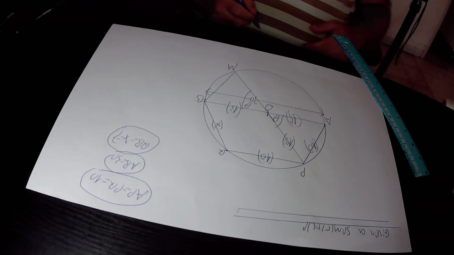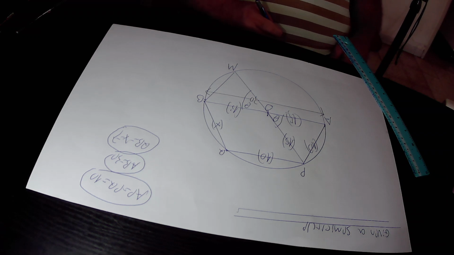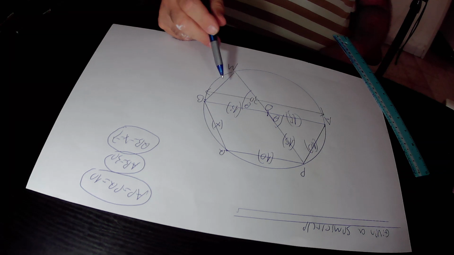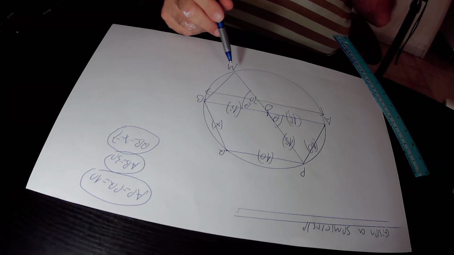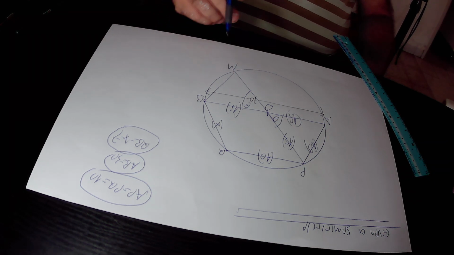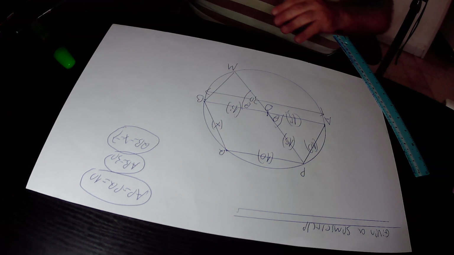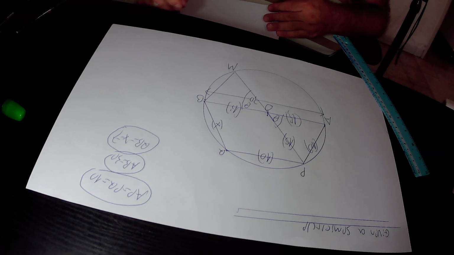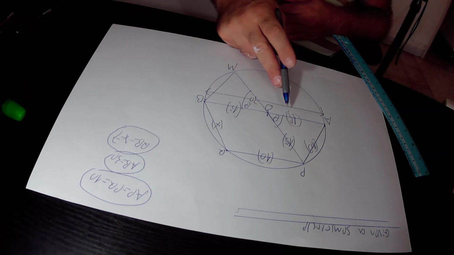In the next step, we'll prove that this triangle AOP can go into this triangle MOB. So we have to prove that this is triangle AOP.